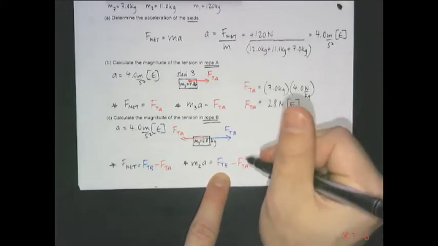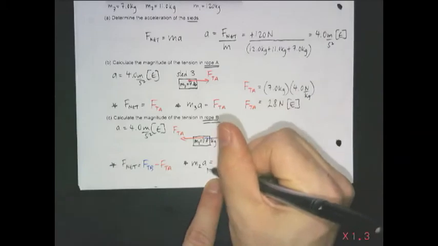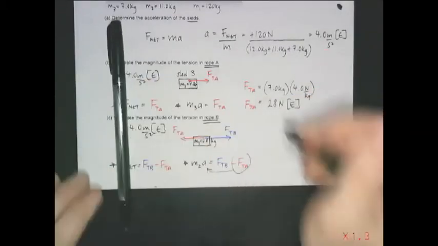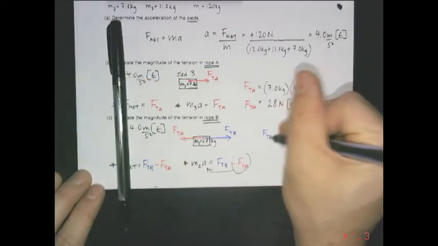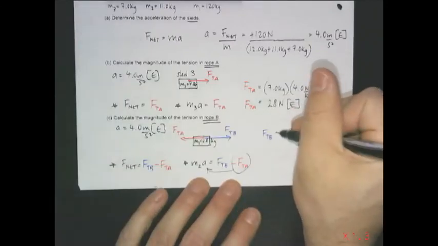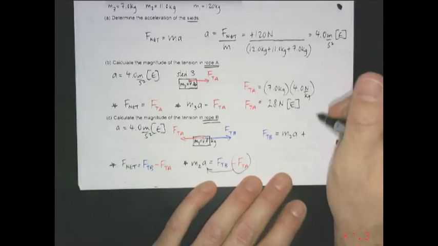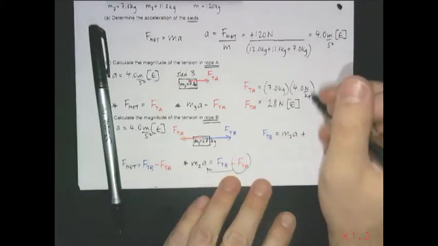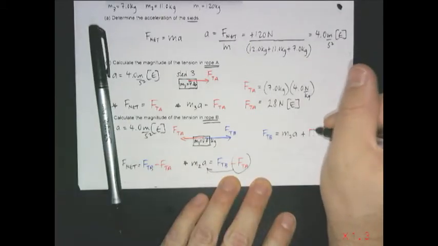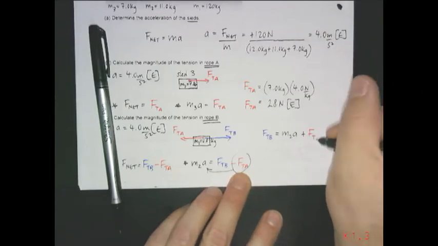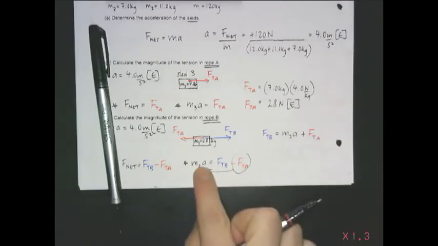All you have to do is take this and bring it over the equal sign. So we end up with force of tension B is equal to M2A plus force of tension A. When you bring FTA over the equal sign, it's going to become positive.